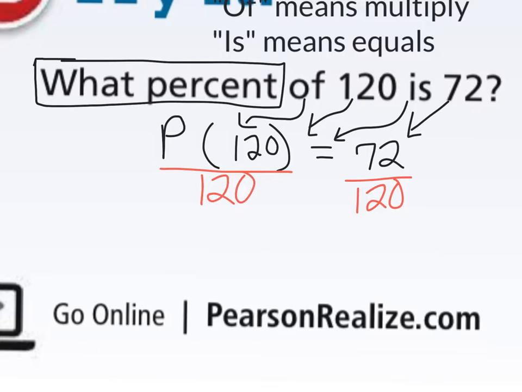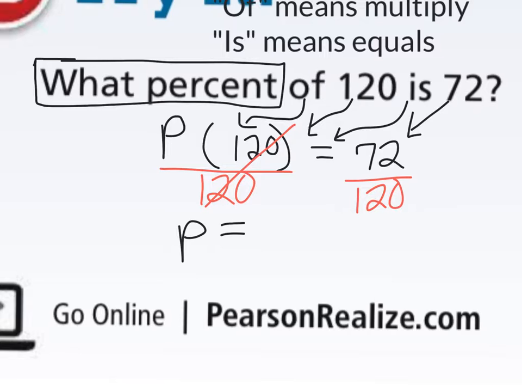When you do that, 120 divided by 120 is 1. That's like 1p, which is the same as just p. So we can cancel those out like we've done before. Then 72 divided by 120 is going to give us our decimal, and then we'll have to change that to a percent.